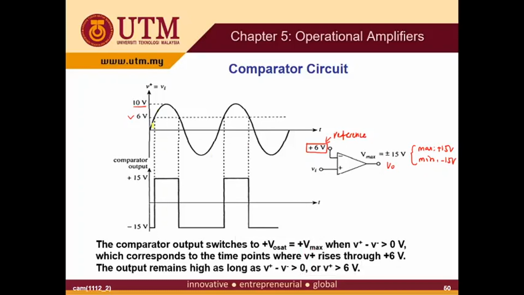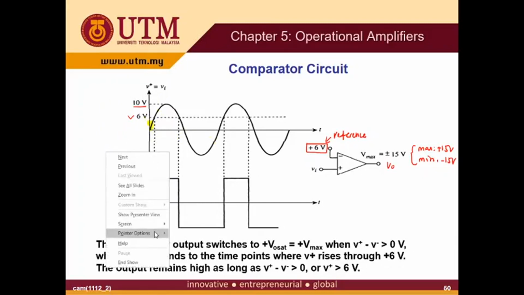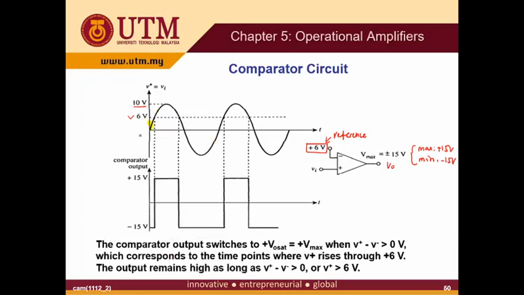For example, in this smaller part here, this is where the input is lower than the V reference. Okay, this is where the V in is lower than V reference.